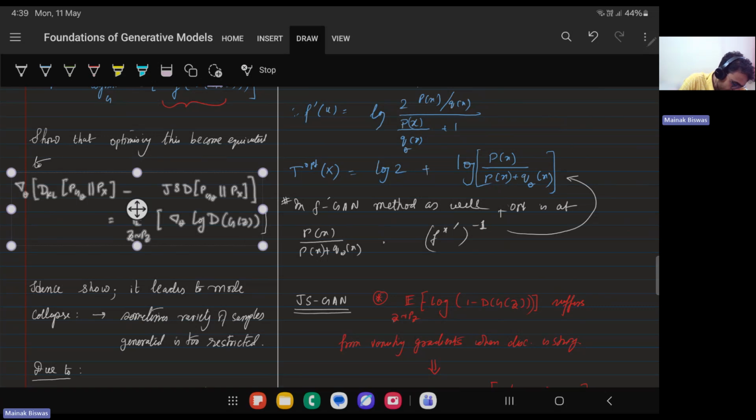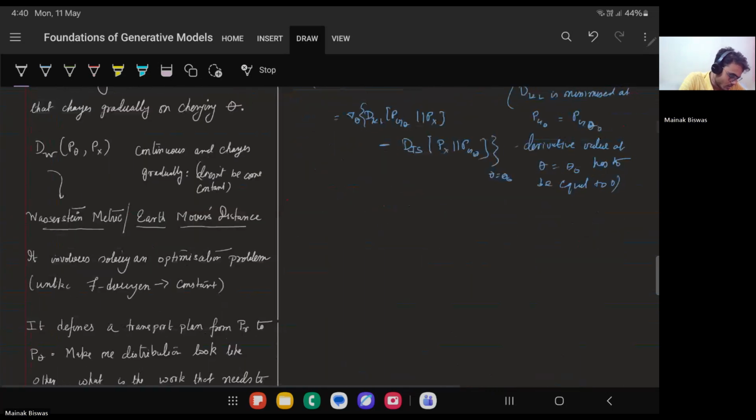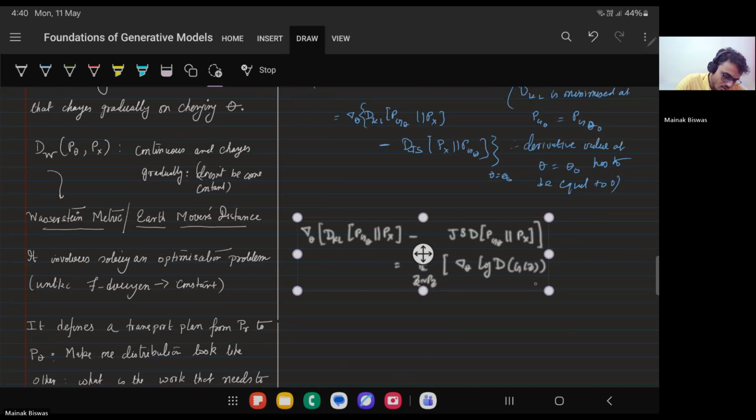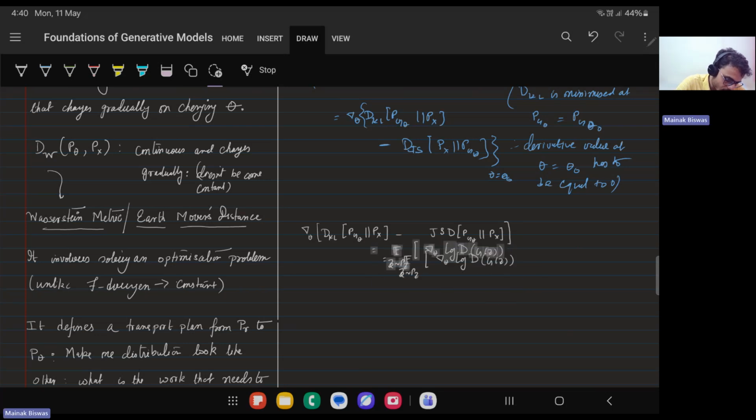There's a negative sign there. Please be careful. So this is the negative sign. I really don't need to put this here, but okay, I'll just put it. I just derived it now.